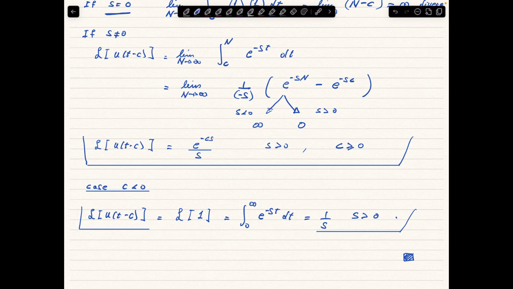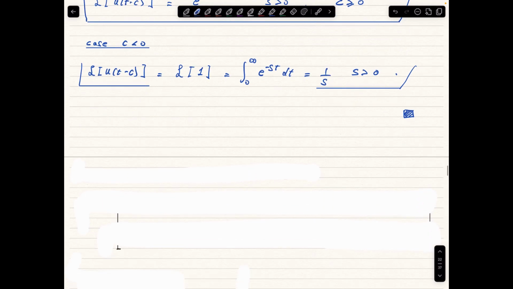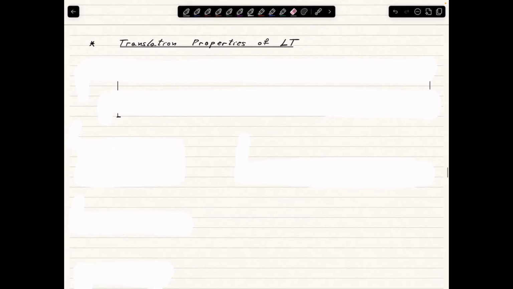The step function is very useful to write down a couple of translation properties satisfied by the Laplace transform.